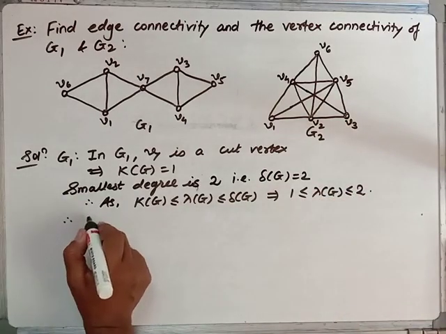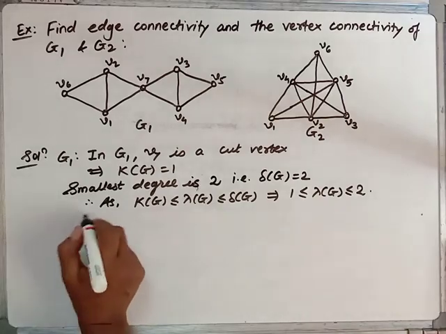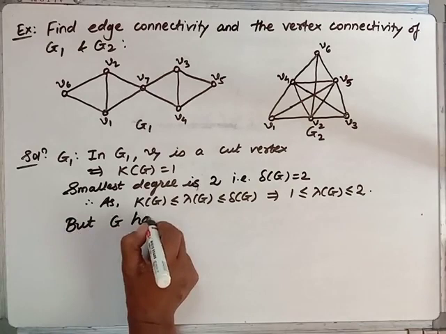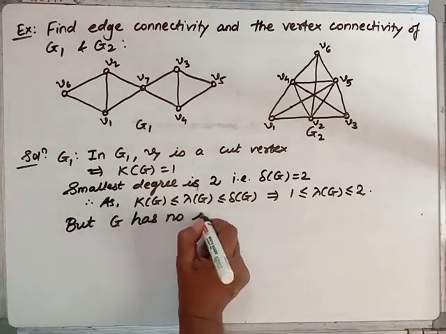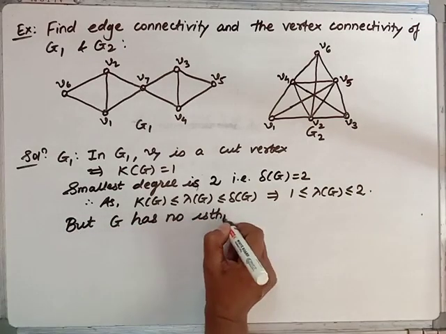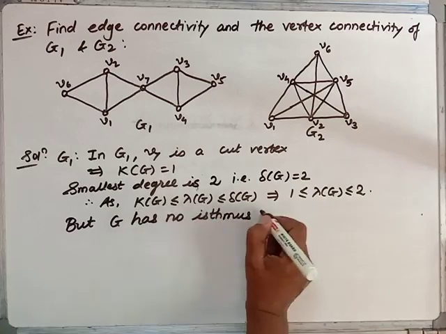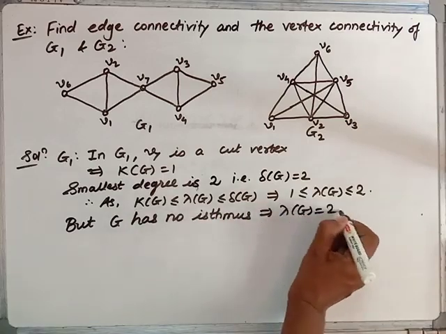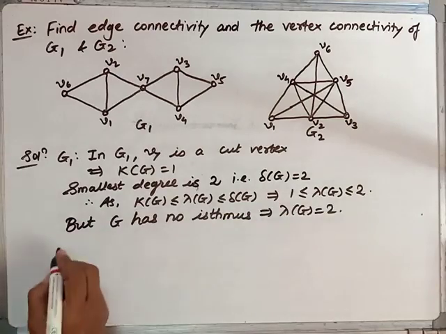Therefore, since G has no isthmus, no bridge, lambda of G is how much? 2. Lambda of G is 2.